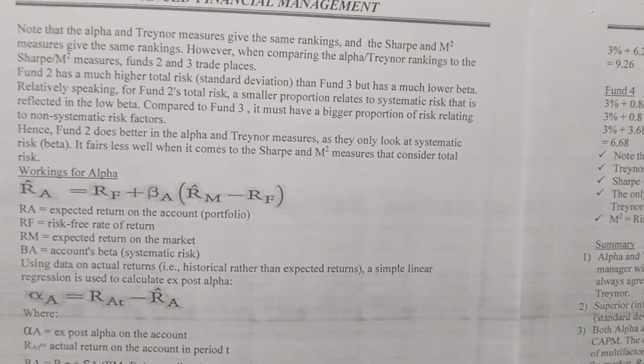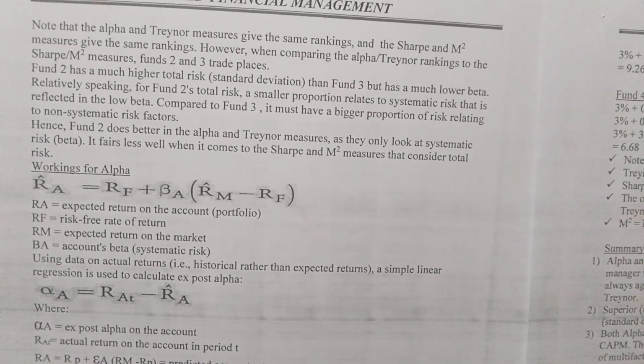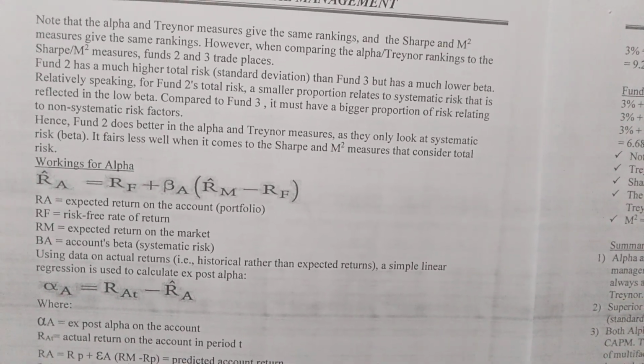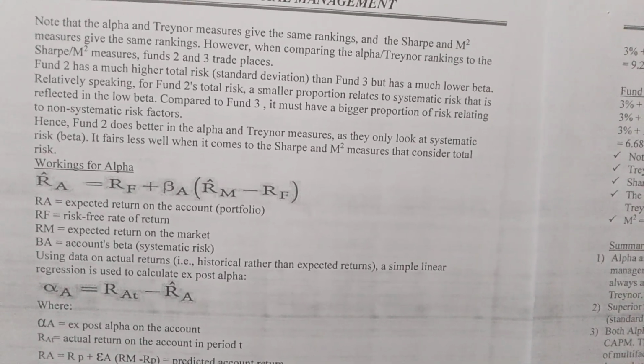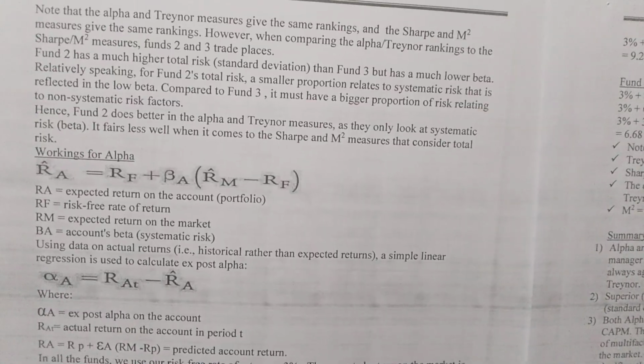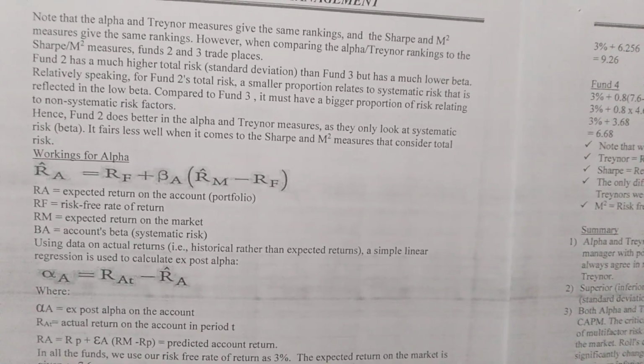Fund 2 has a much higher total risk, measured by standard deviation, than fund 3, but has a much lower beta. Relatively speaking, for fund 2's total risk, a smaller proportion relates to systematic risk, reflected in the low beta.